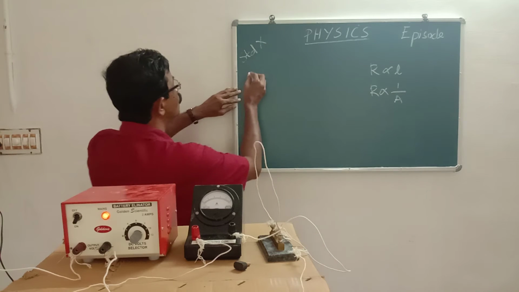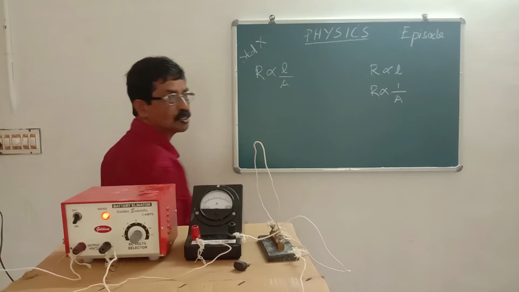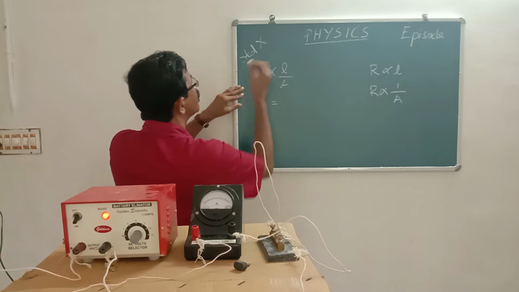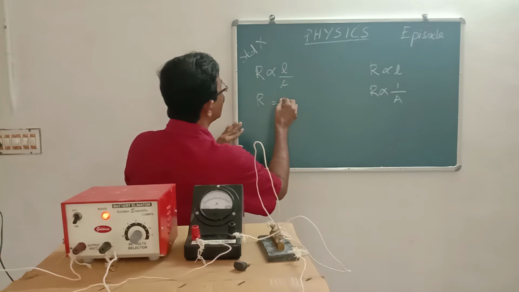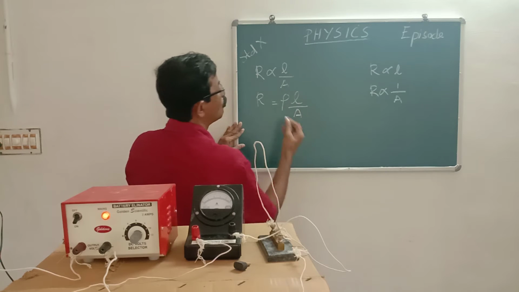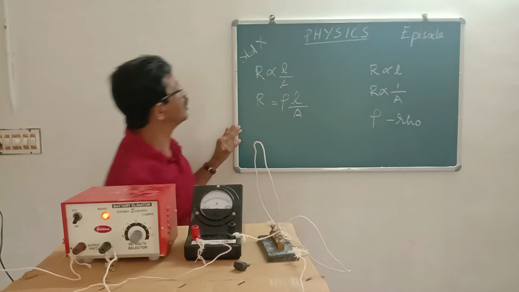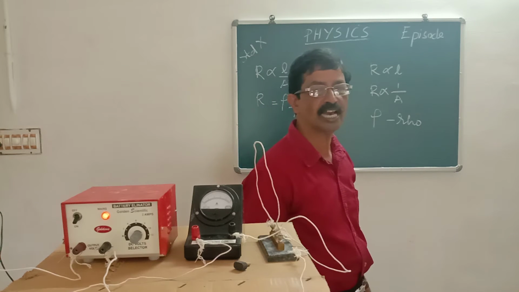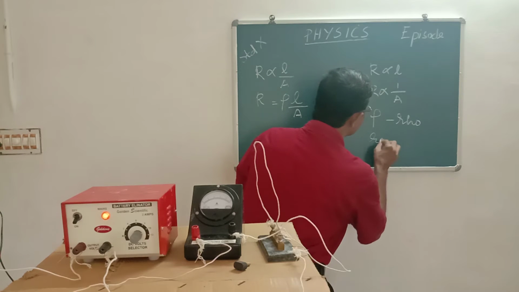By combining these two, we get R proportional to L by A, or R equals, we can remove the proportionality sign by giving a constant, and it is called rho, the letter rho. Here rho is the proportionality constant, and it is called resistivity.